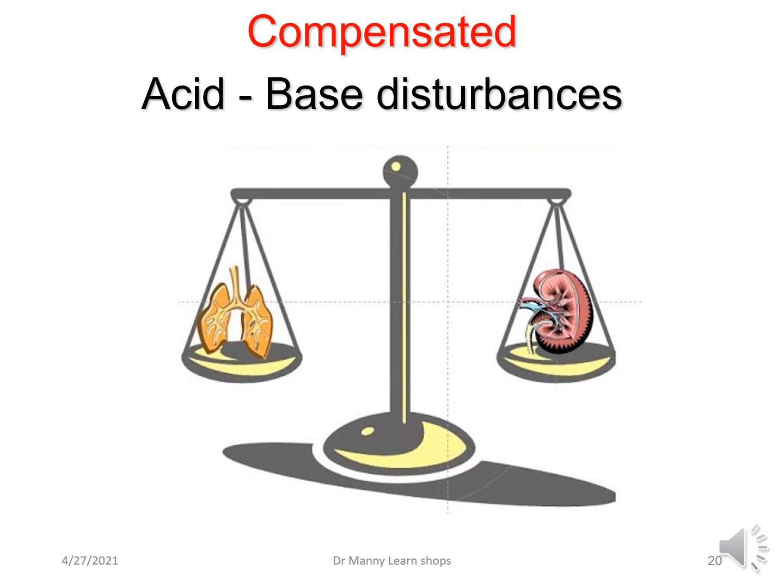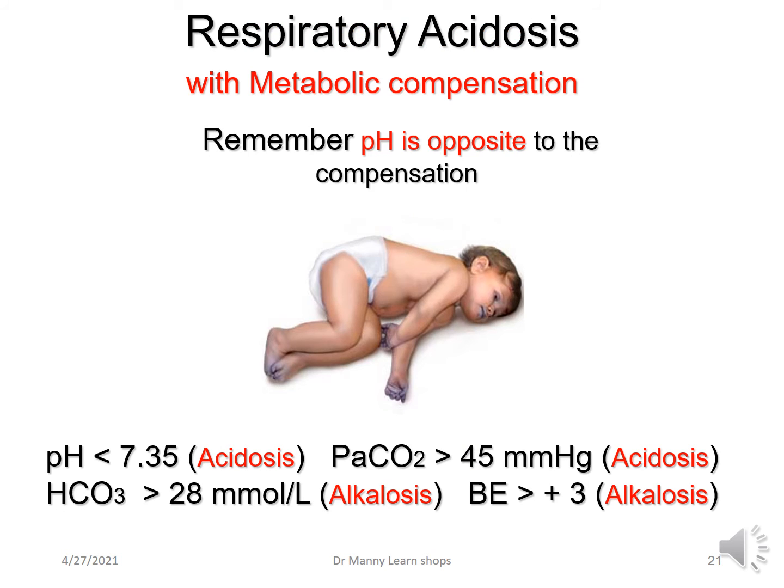So now let's review acid-base disturbances that are compensated, and it's often misunderstood. When we look at respiratory acidosis, for example, with metabolic compensation, remember, as I said, the pH is typically, not always, typically opposite to the compensation. So have a look here.